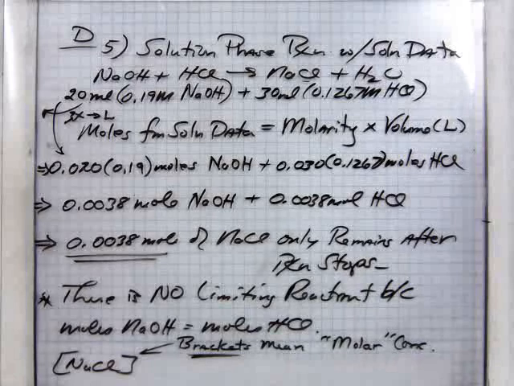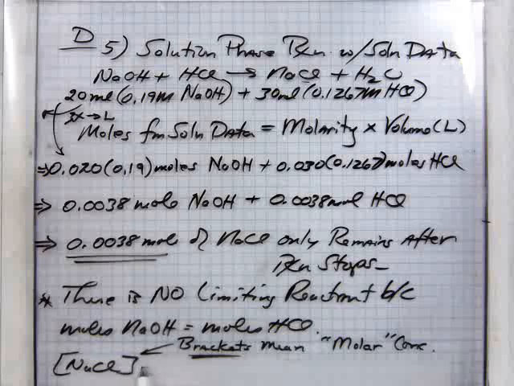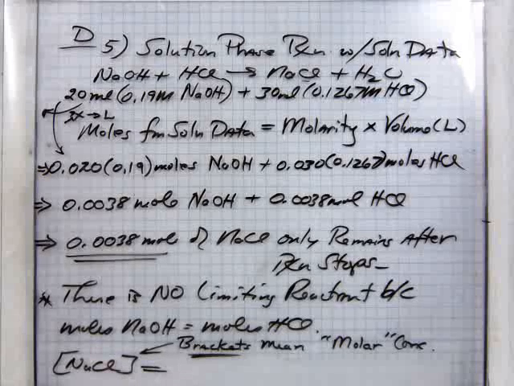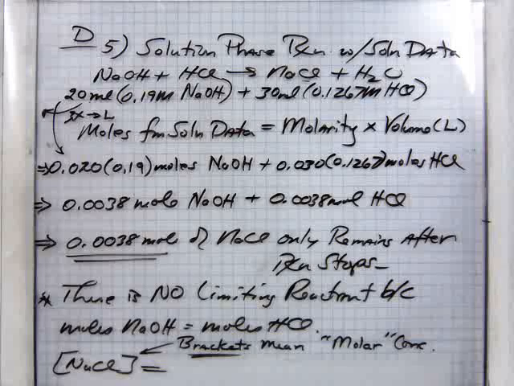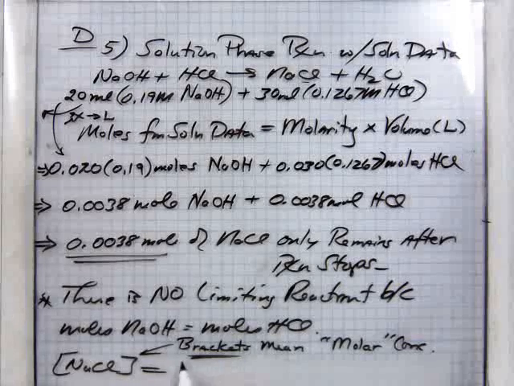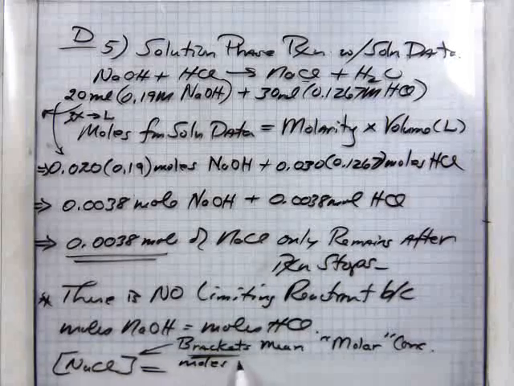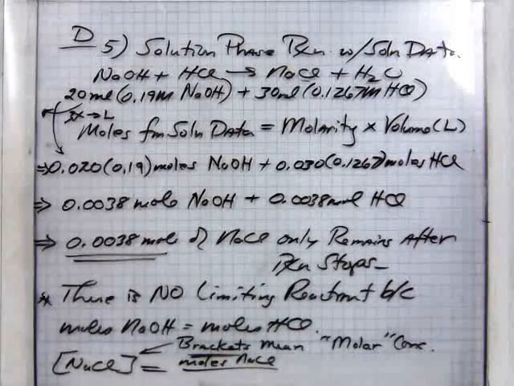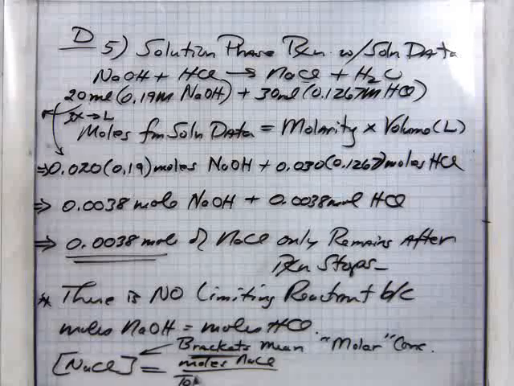So how do you get to molarity? What is molarity defined as? You recall from our talking of solution? Moles per liter. Okay, so molarity is moles of the NaCl over the liters total volume of final solution.